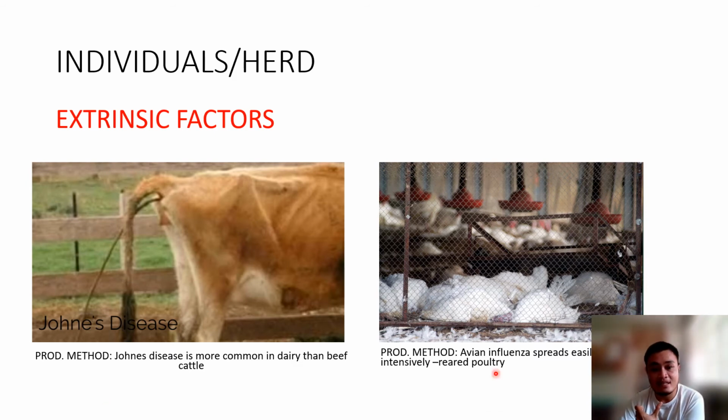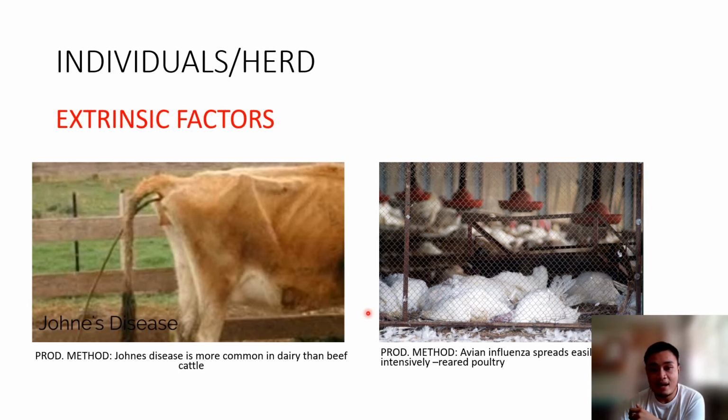Another example is avian influenza. It spreads easily in intensively reared poultry because stocking density is very, very high, and of course when animals are very close to each other, such is the case when stocking density is high, spread of infectious diseases, i.e. avian influenza, is very, very rapid.